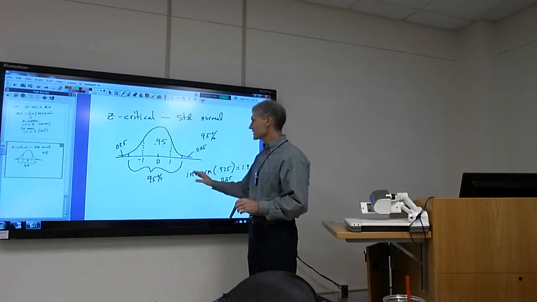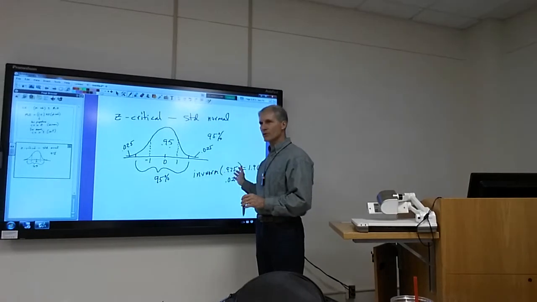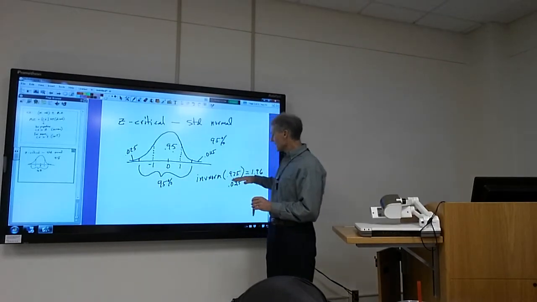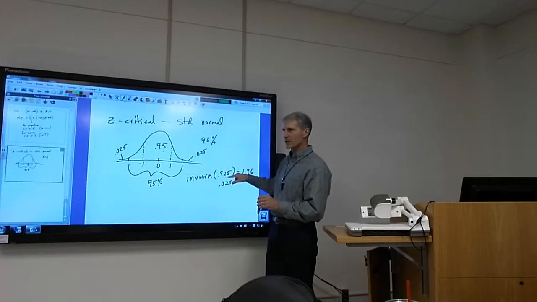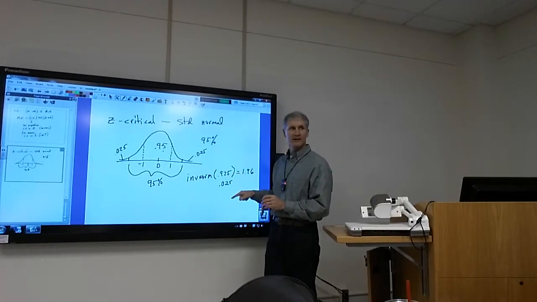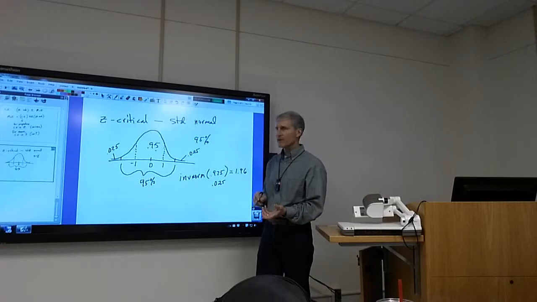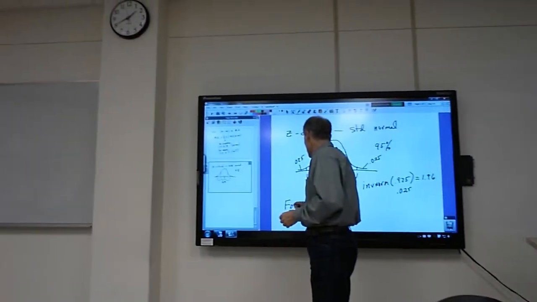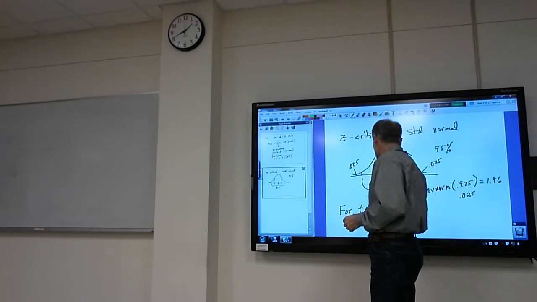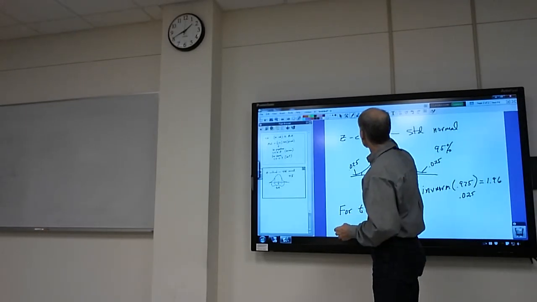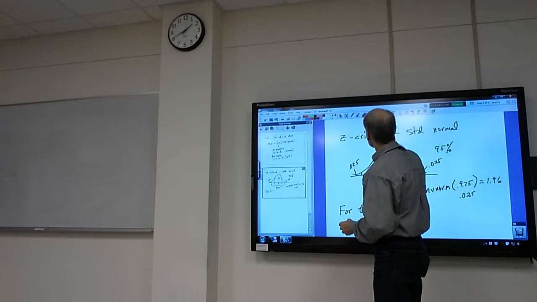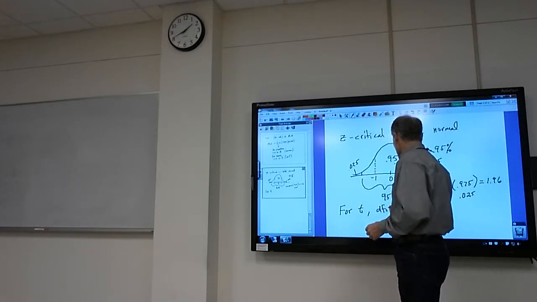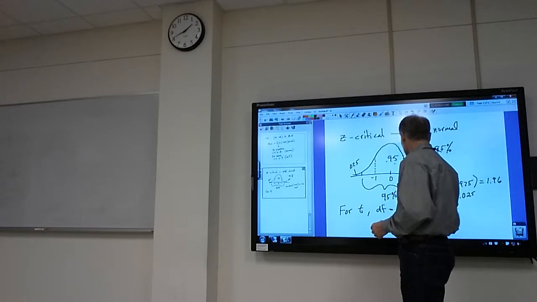If you have an inverse T instead of an inverse norm, it's very similar. Same idea on the number to enter here, but you also have to enter what? Degrees of freedom. So degrees of freedom for a T equals n minus 1.